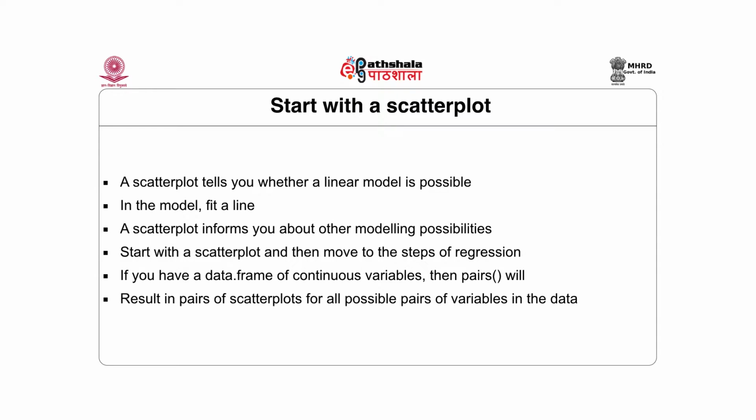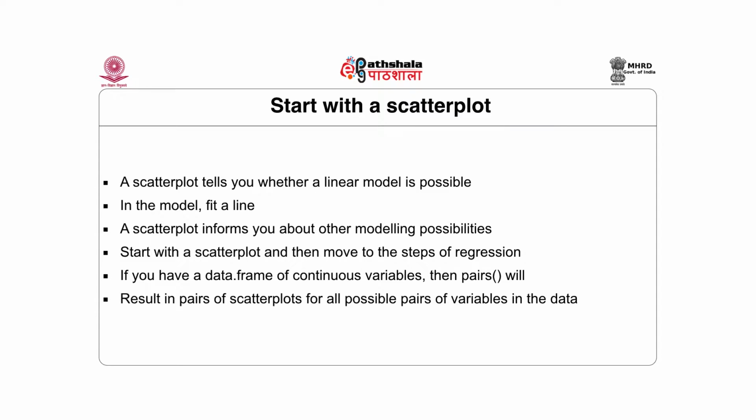Therefore, we have to make sure that we understand what we are doing with the scatterplot. Even though we are forcing a linear regression model, a scatterplot can nevertheless inform us about other modeling possibilities, which means that depending on the cloud of the points you may see that a straight line model is probably not the best fit. It is quite possible to have something like a curvilinear model, like a quadratic model, or maybe some other model that can be better suited.